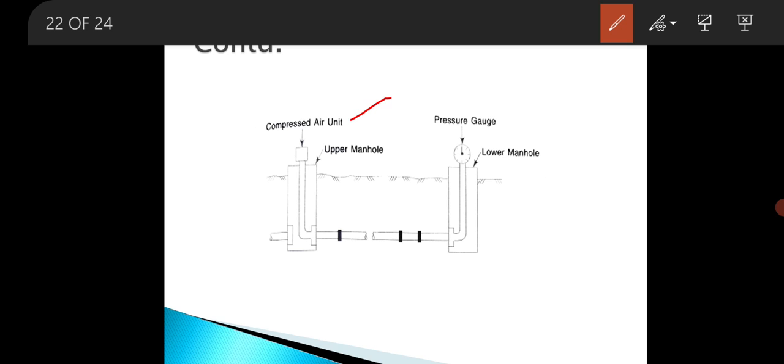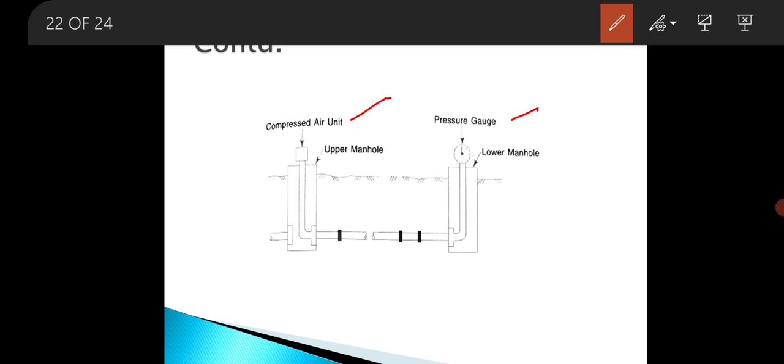Here in the upper manhole, a compressed air unit is fixed, and a pressure gauge is attached to the lower manhole. Then the pressure exerted by the compressed air is recorded in the pressure gauge. It is left for a few hours, and if there is any decrease in the pressure, then it is an indication of leakage.